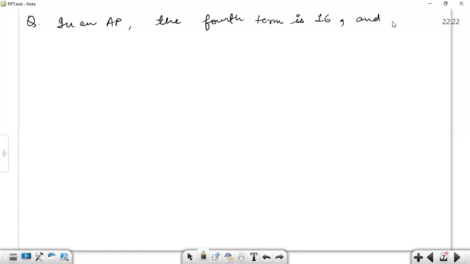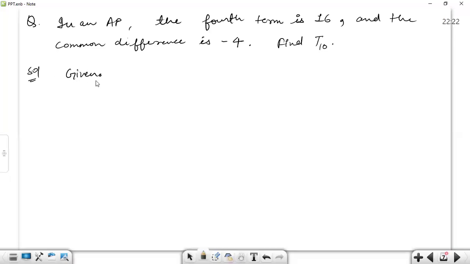And the common difference is minus 4. Now we have to find out the 10th term of the AP. So first write what is given to us: the fourth term is given, which is 16. The difference is given, which is minus 4. We have to find out T10.